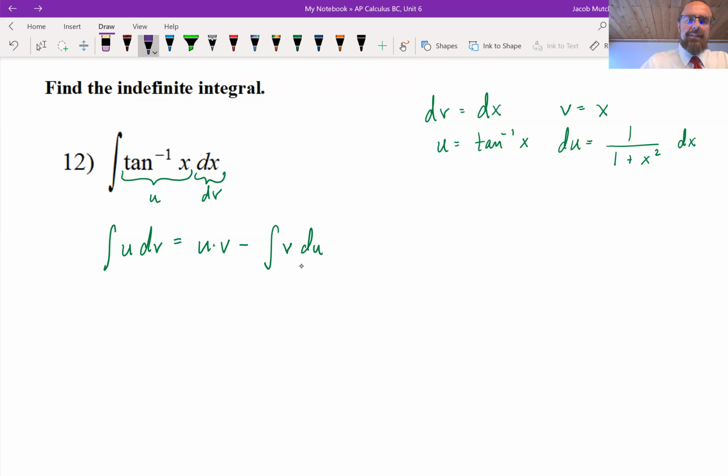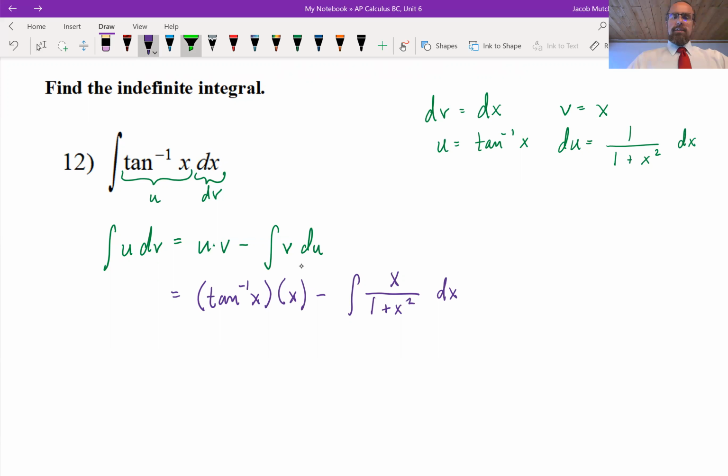As in our previous examples, I just want to start substituting in what I've determined here already. So u is the inverse tangent of x. v is just x, minus the integration of v, which is x, times du, and I'm just putting the x in the numerator, denominator 1 plus x squared dx.